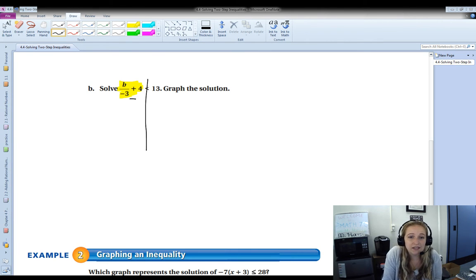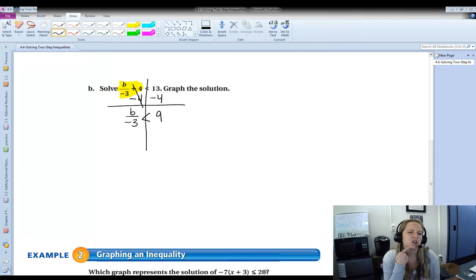Well, hopefully you're thinking you need to subtract 4 from both sides. If we subtract 4, that'll get rid of this. Then we'll be left with b over -3. Write the inequality is less than 13 minus 4. That'll give me 9.